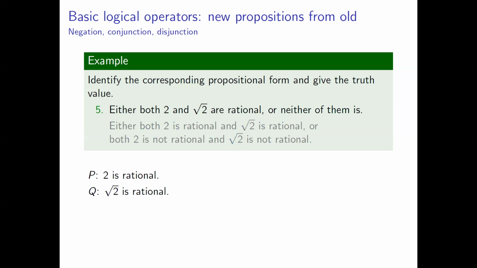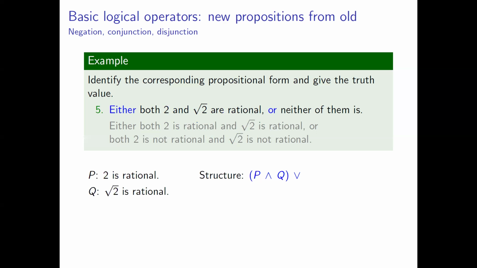Take P and Q to be the same as in examples 3 and 4. The proposition, "both 2 and the square root of 2 are rational," is the conjunction P and Q. It is preceded by the word "either" and followed by the word "or," which signifies that it is the first statement in a disjunction.